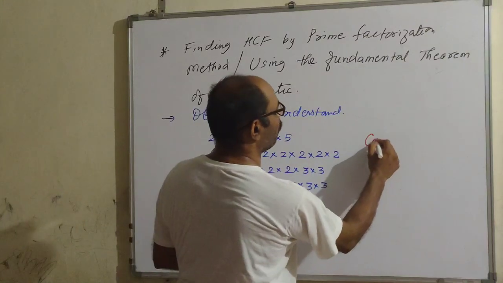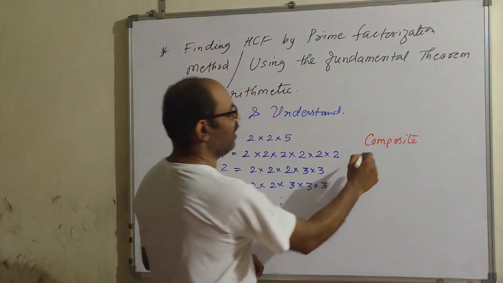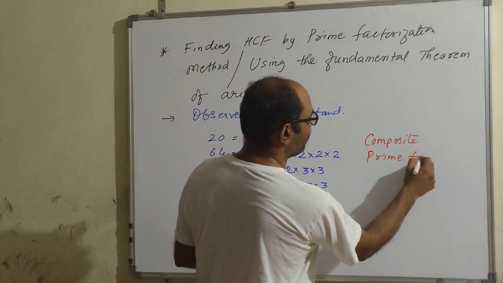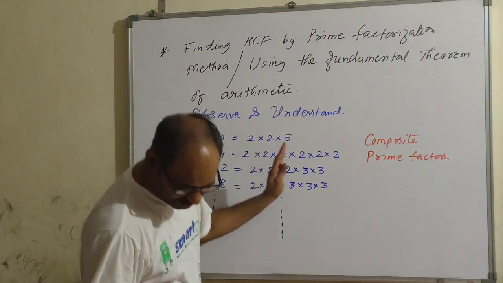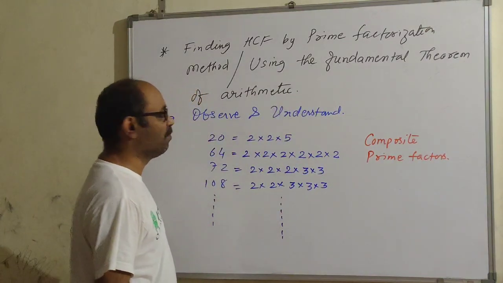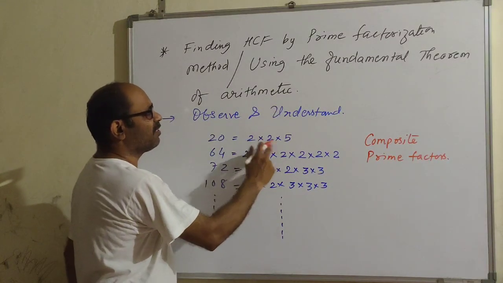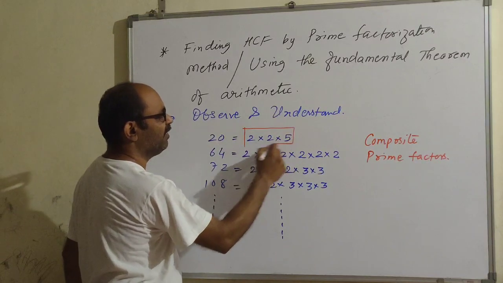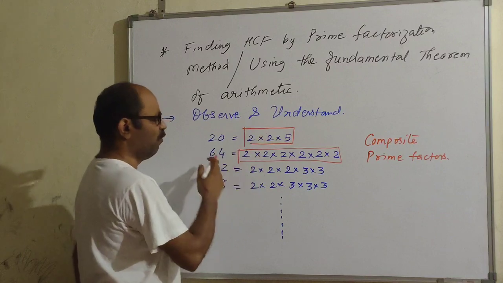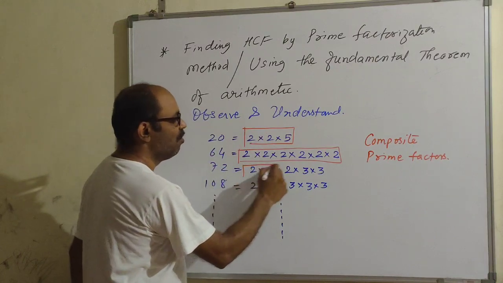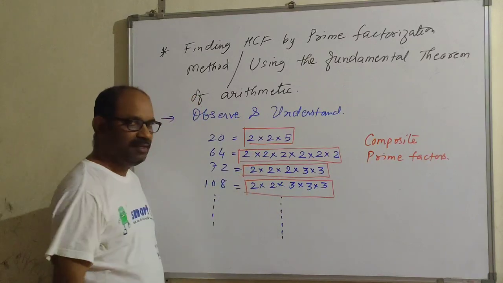I've taken composite numbers. Correct? We obtained their prime factors. On the left hand side you have the composite number. On the right hand side you have its prime factors. So look at the prime factors of 20. Then look at the prime factors of 64. 4 numbers are given here, so 4 sets of prime factors are on the right hand side.